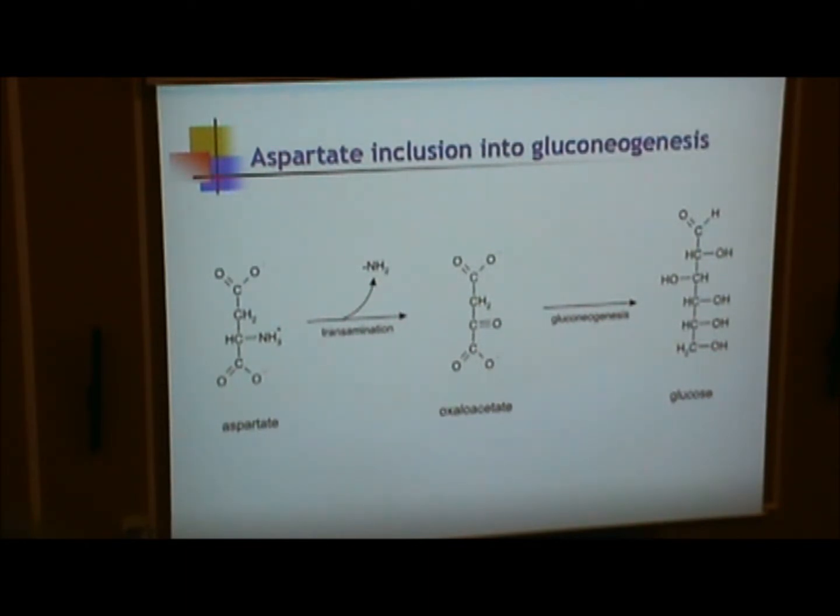You already know that oxalacetate is a metabolite of gluconeogenesis. So oxalacetate enters the gluconeogenesis process, converted into glucose.